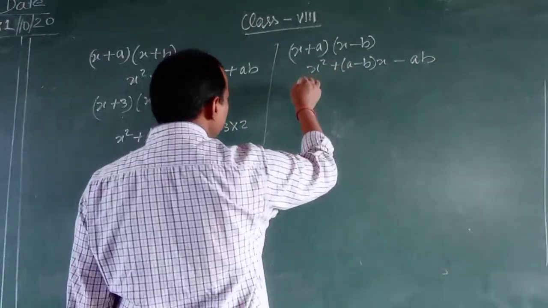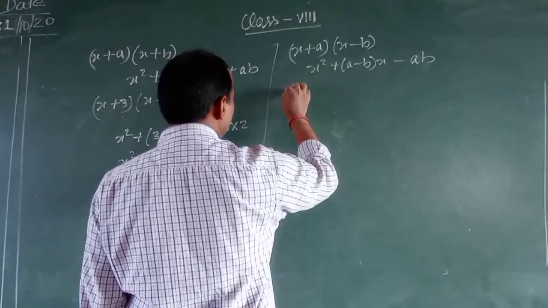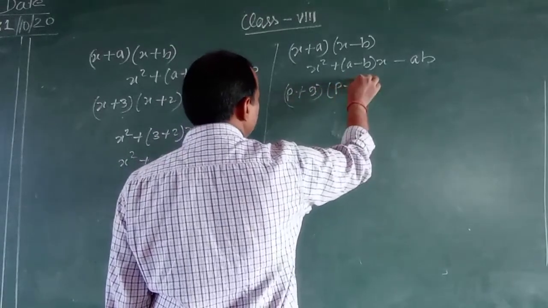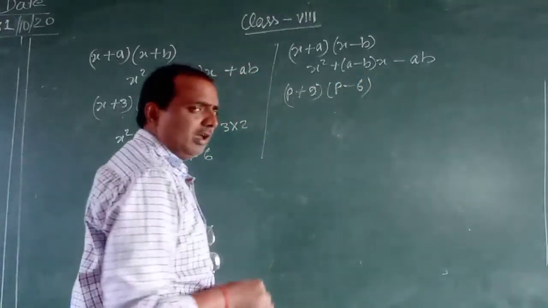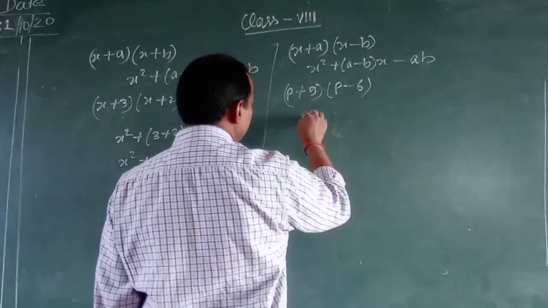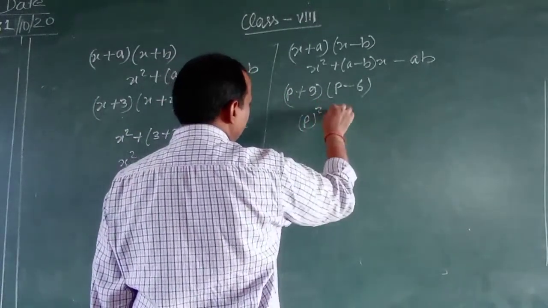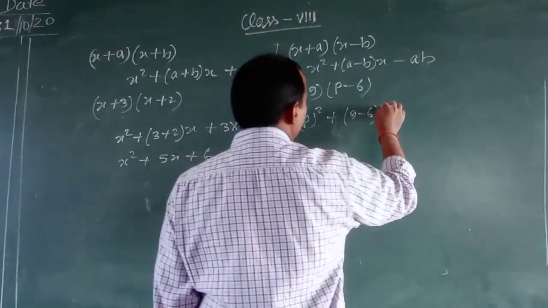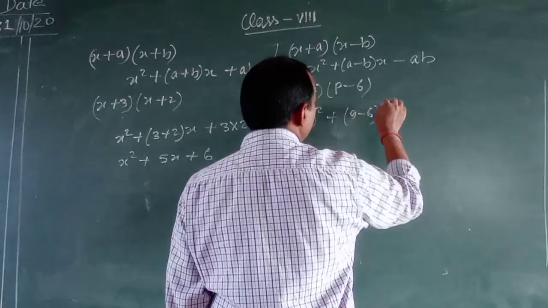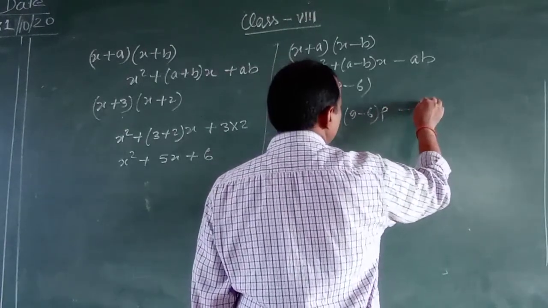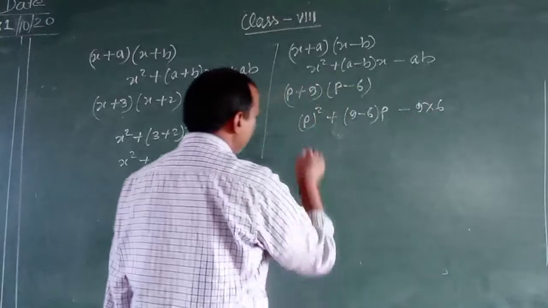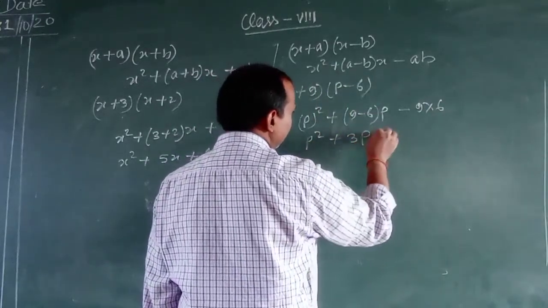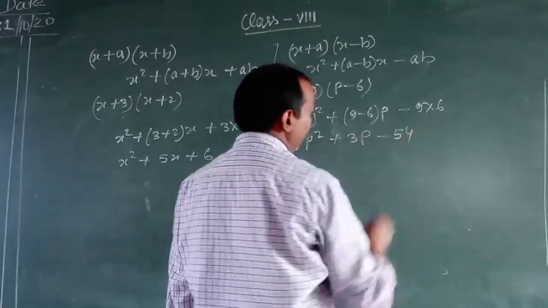For example, if the question is p plus 9 into p minus 6, here using this formula we can write p square plus 9 minus 6 into p, it means a minus b into p, minus a into b. So p square plus 9 minus 6 yani 3p, minus 9 sixes are 54.